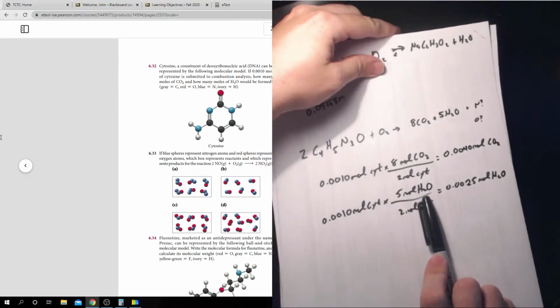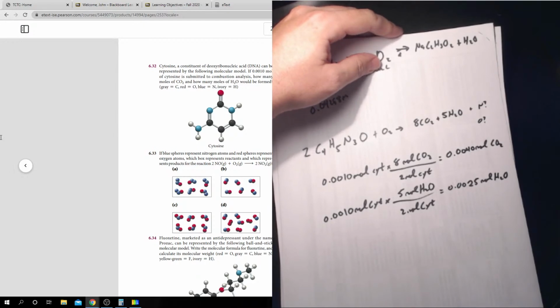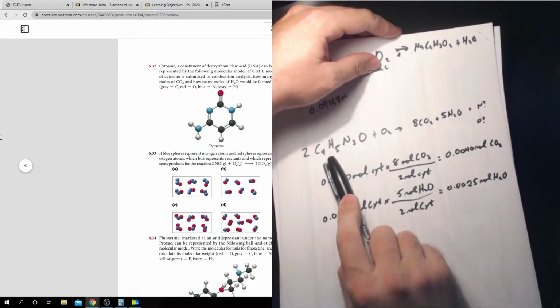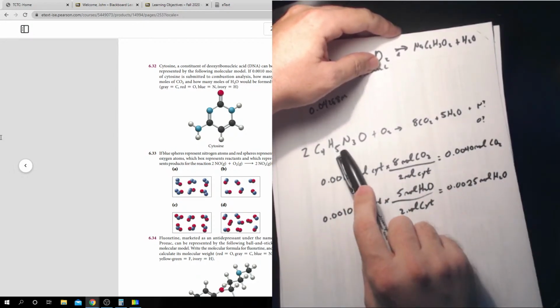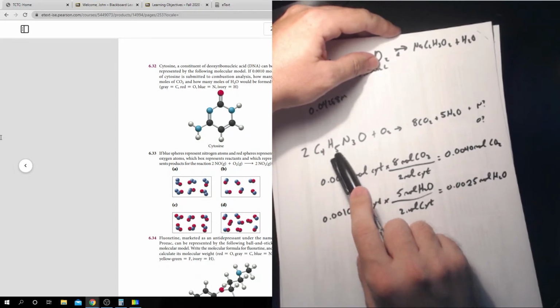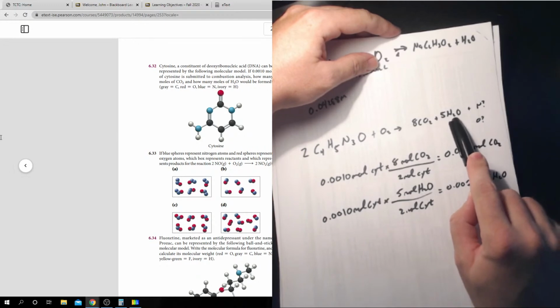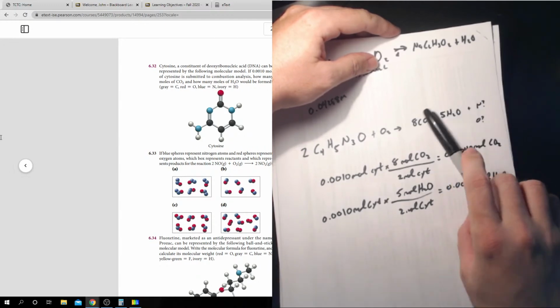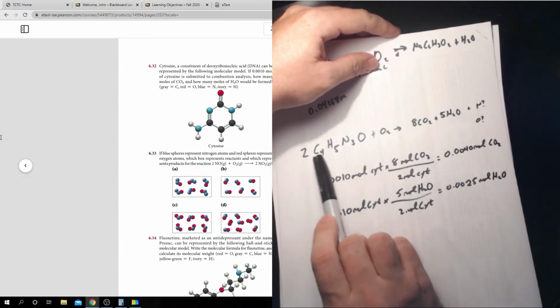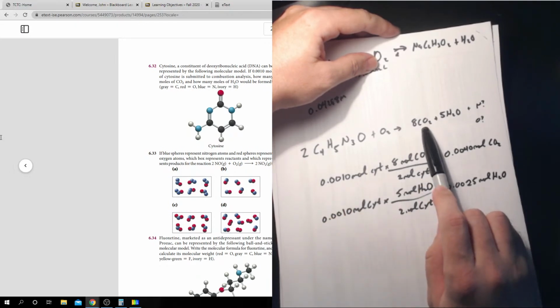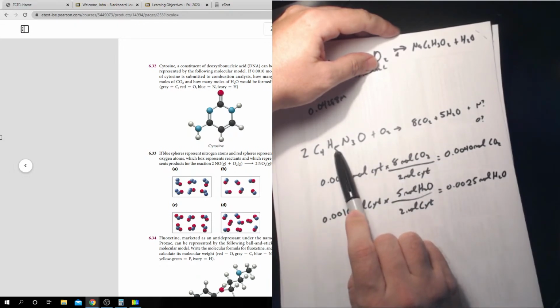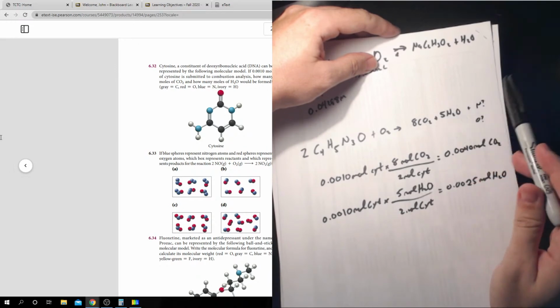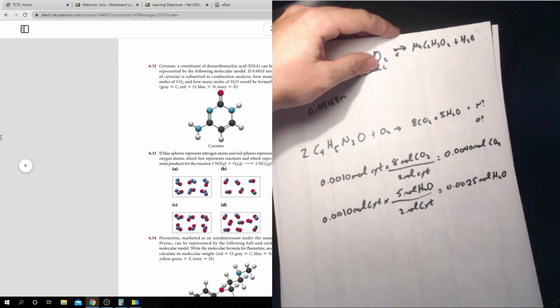All right, so where did I get those numbers? Well, even without a complete reaction, I knew that the carbon would all come from the cytosine, and the hydrogen would all come from the cytosine. So I knew we would have to double this because an odd number of hydrogens wouldn't work with the even number of hydrogens here. So double that, and then 2 times 4 means 8 carbons, so we need 8 carbon dioxides. 2 times 5 is 10 hydrogens, so we need 5 waters over there.